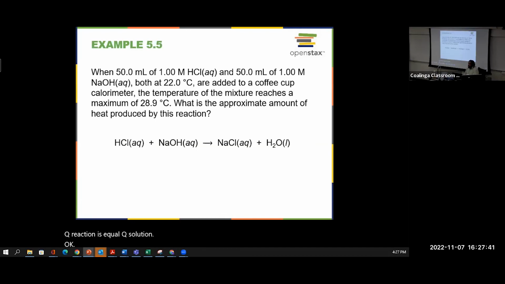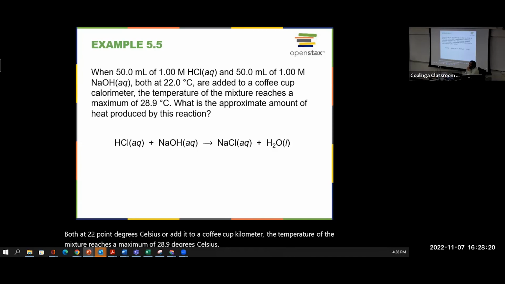Okay, so this will be the last thing, and then we'll stop here and pick this back up on Wednesday. It says, when 50.0 milliliters of 1.00 molar HCl and 50.0 milliliters of 1.00 molar sodium hydroxide, both at 22.0 degrees Celsius, are added to a coffee cup calorimeter, the temperature of the mixture reaches a maximum of 28.9 degrees Celsius.